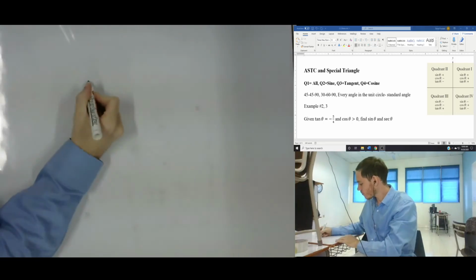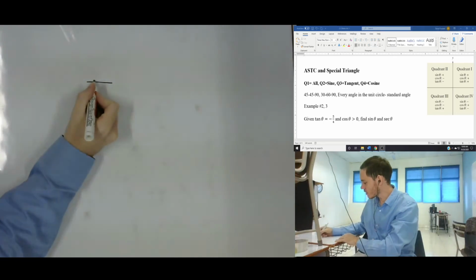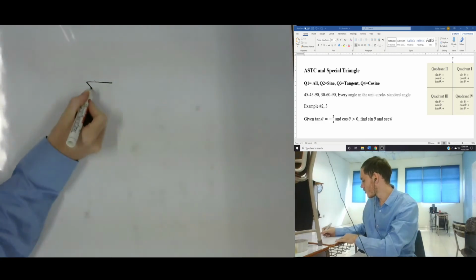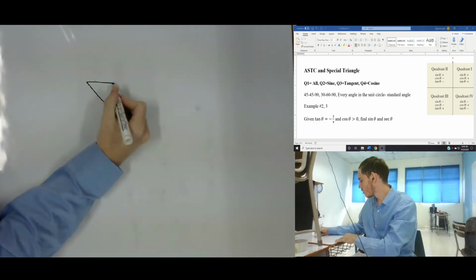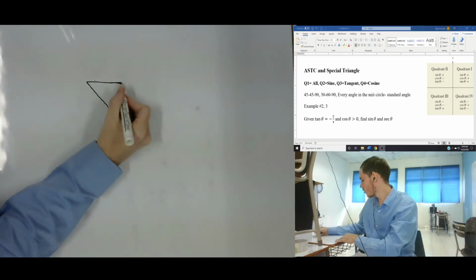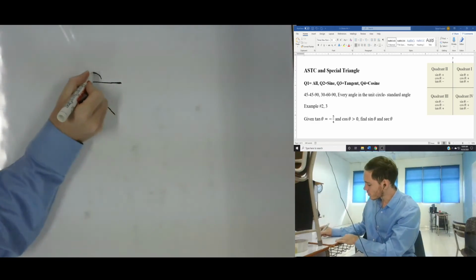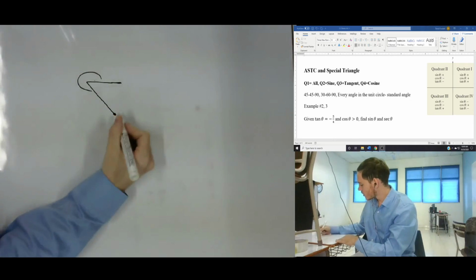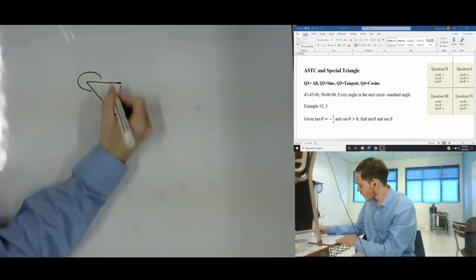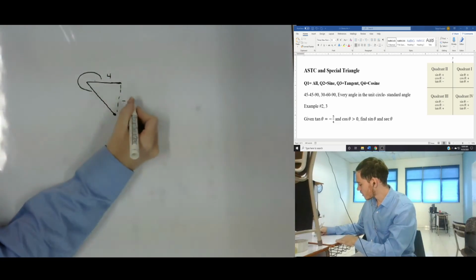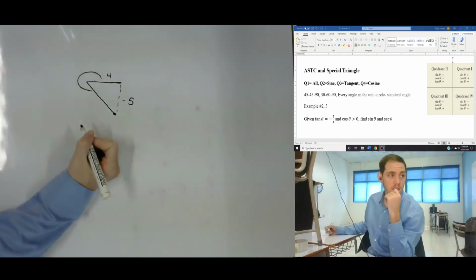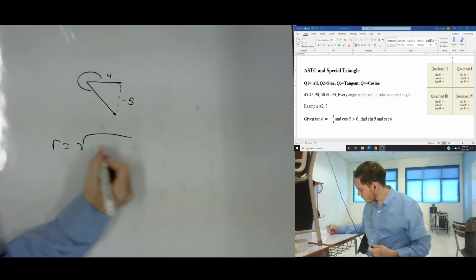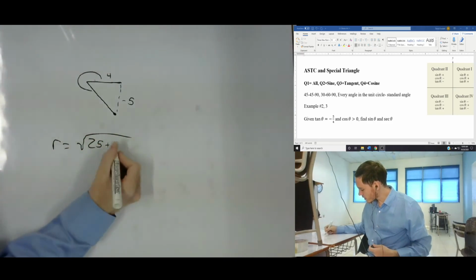Start with our standard position, and this is going to be 5, -4. So this is going to rotate around this way. This is +5 here, -4 right here. If we do the calculations, r will equal the square root of 25 plus 16.